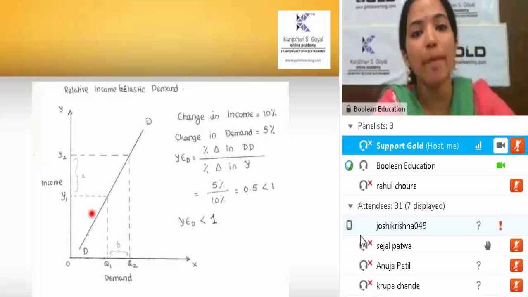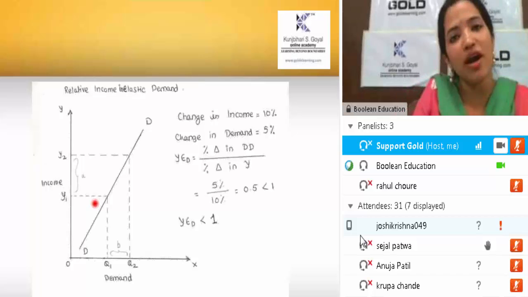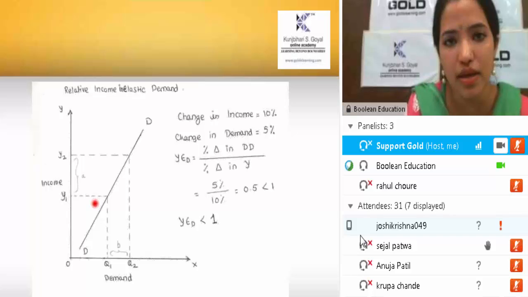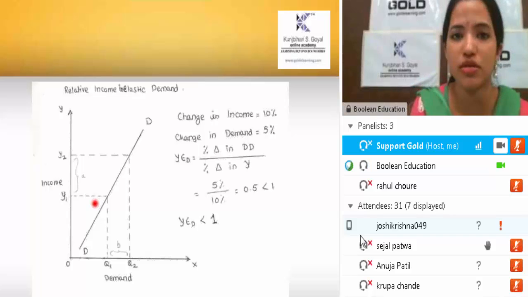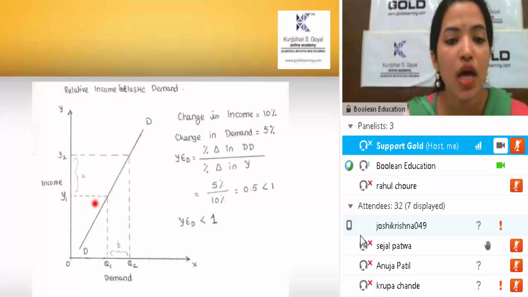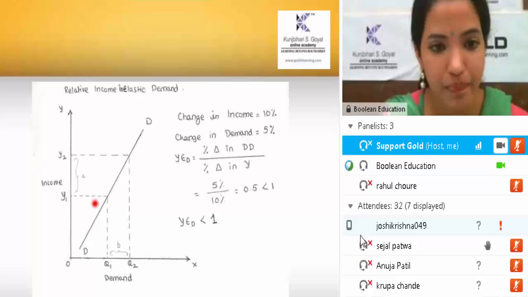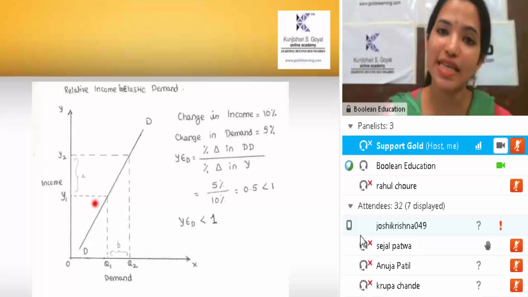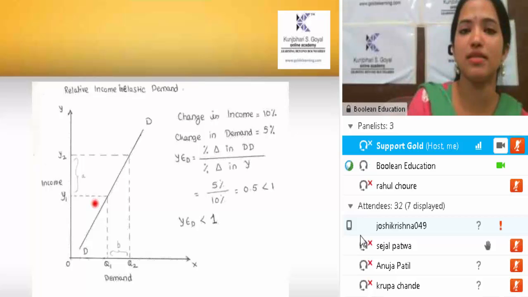Meaning your income has increased by a large proportion, but your demand has increased by a lesser proportion. Let's say your income increased by 10%, but your demand increased by only 5%, or anything lesser than 10%. Let's look at it numerically. Change in income is 10%, change in demand is 5%. Put it in the formula, 5 by 10. The answer is 0.5, which is lesser than 1. Hence, your income elasticity of demand will always be lesser than 1.